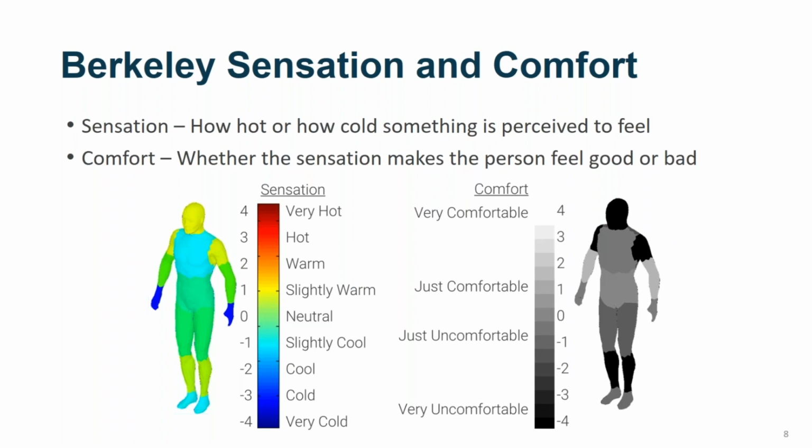So if we have a hot environment, the sensation will be very hot, but that doesn't necessarily mean comfortable or uncomfortable. So even if the human is very comfortable on the comfort scale, we don't know if it's a hot environment or a cold environment. So it's just a good thing to make note of, that there are significant differences between sensation and comfort.